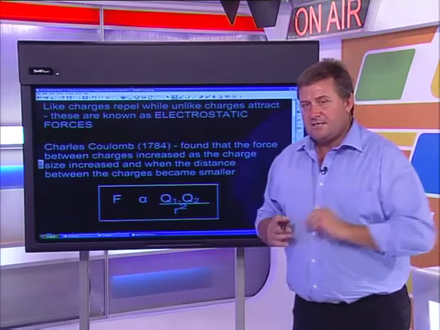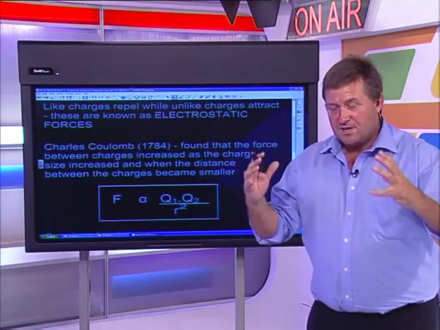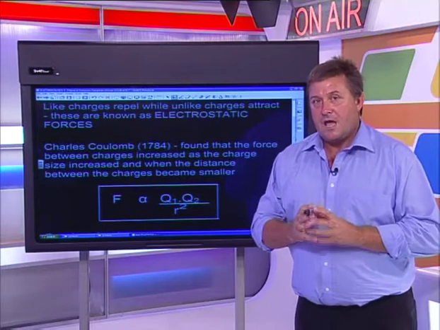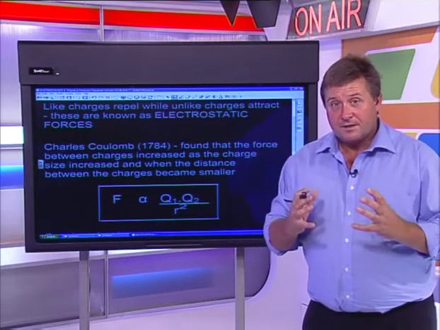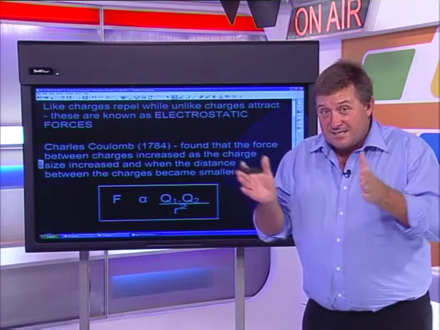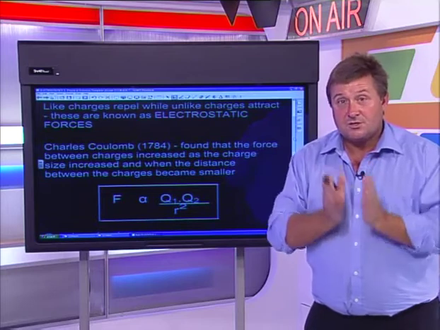So there were two things he was able to establish. That to increase the force between those objects, you could make the actual charges of the objects bigger, as well as make the distance between those charged particles or charged objects smaller.